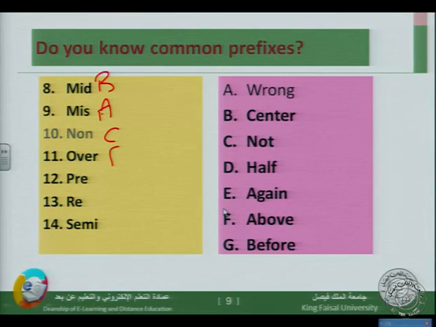Over means above, and one example for it is overlook. Pre means before, one word is prehistory. Re means again, replay. Semi means half, like the word semicolon, or maybe semi-center. Okay?